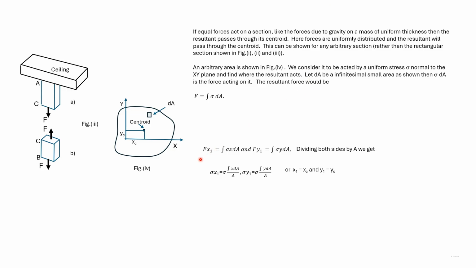We can divide both these equations by A. Then we get sigma x1 is equal to sigma times the integral of x dA divided by A, and sigma y1 is equal to sigma times the integral of y dA divided by A. Now these two equations are the formulas of the centroid. Hence, we can say that the resultant acts through the centroid.